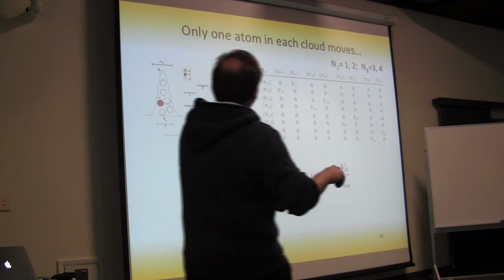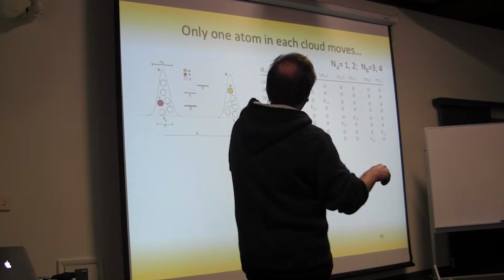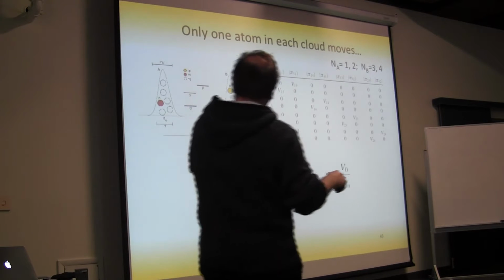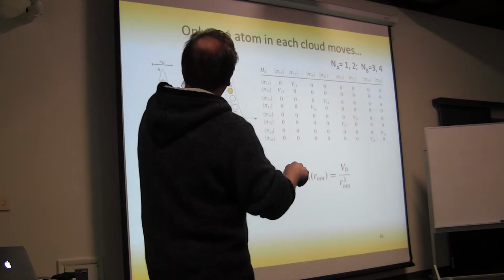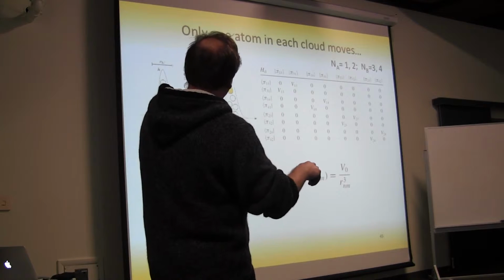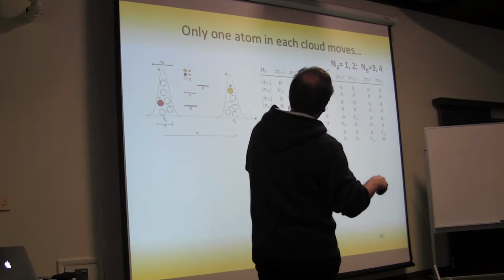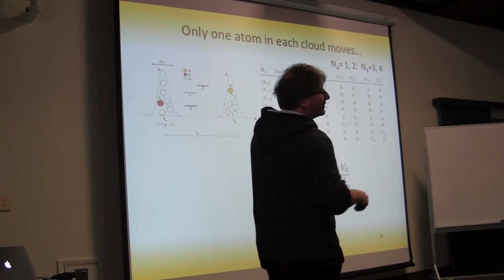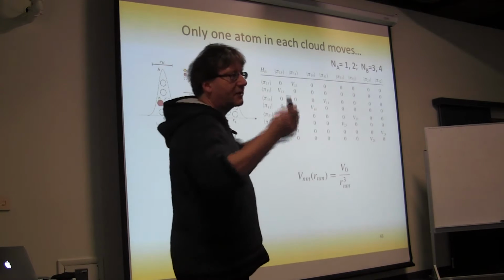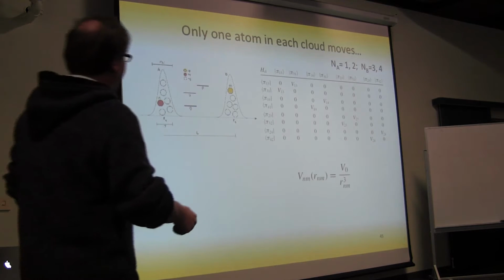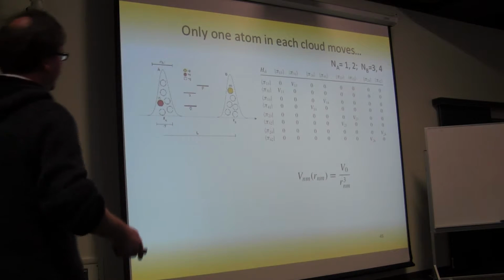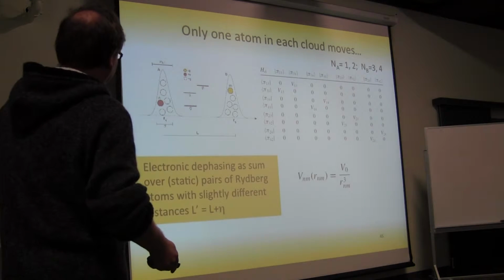In cloud A are atoms 1 and 2, in cloud B atoms 3 and 4. So you have one ground state atom here, one excited one, same thing here. And if you calculate the interaction matrix, you see it's nicely block diagonal, so you have all 2 by 2 copies. It's just individual excited atoms. V naught is the strength, it's just mu squared, the dipole strength.